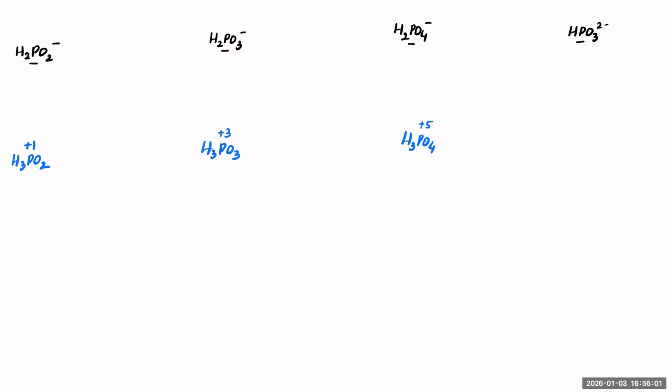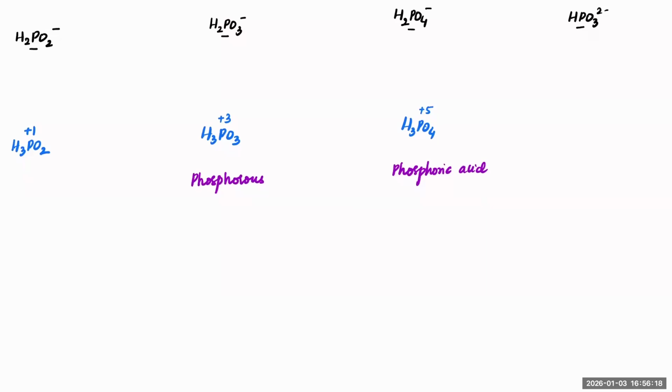Therefore, this will become phosphoric acid, while this will become phosphorus acid, while the first one will become hypophosphorus acid. So these are the three names that you need to know.